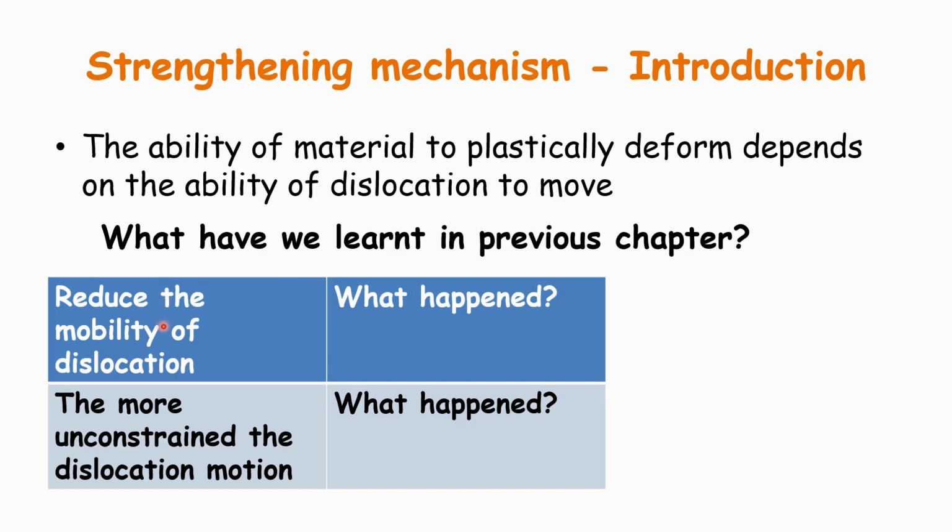What are the effects? Does it enhance or reduce the mechanical strength? And what happens if we constrain the dislocation motion? Will this make metals softer or weaker, or the opposite?